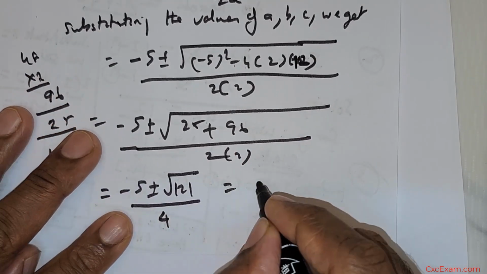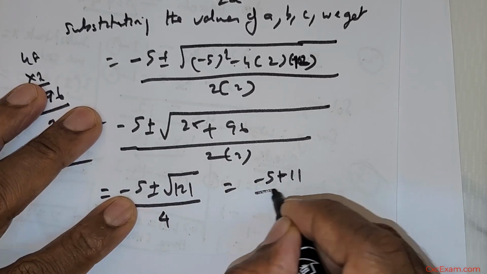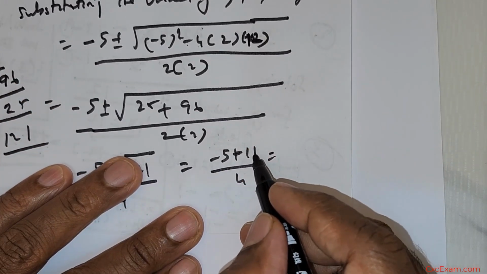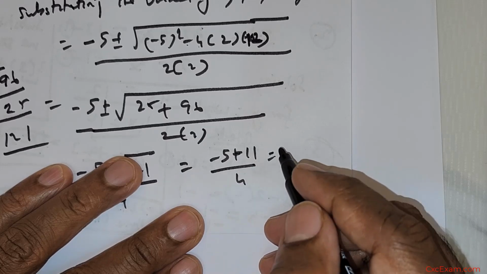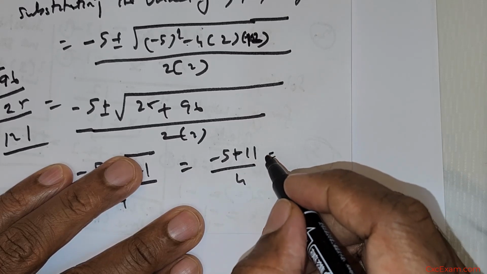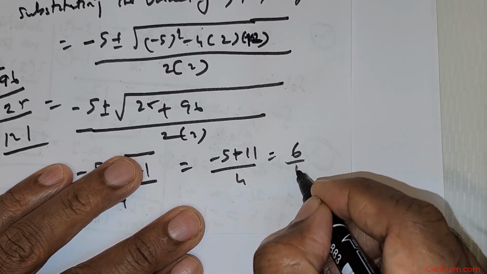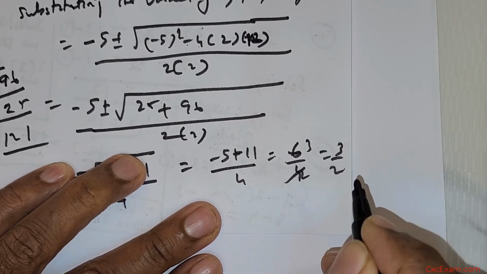So this is rewritten as negative 5 plus square root of 121 is 11 divided by 4. So first instance, this 11 added with negative 5 would give me a value of 6, right? This would produce me 6 divided by 4. 2 divides by 3 times, 2 divides by 2 times. So this is 3 over 2.